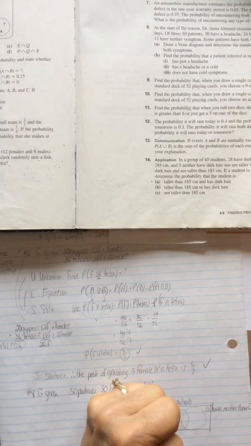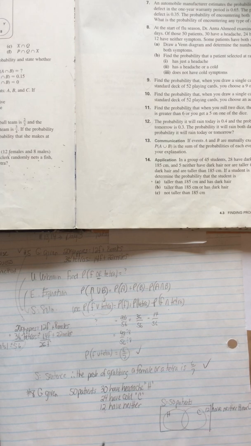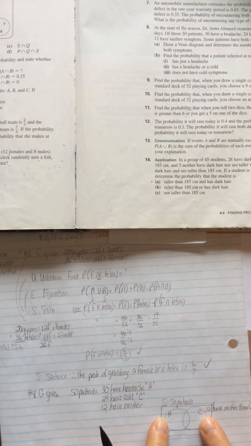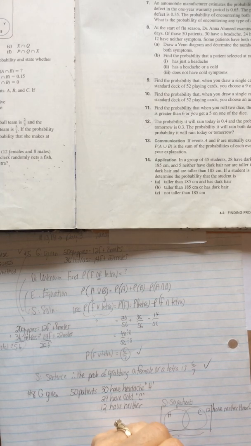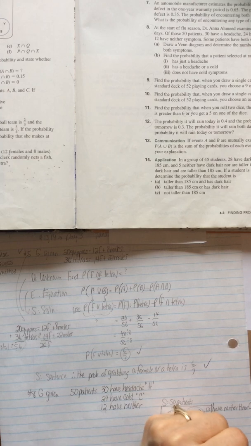So this is the H and the C, okay? So that means the circles, including their overlap, represent 50 minus the 12. They represent the union, right?